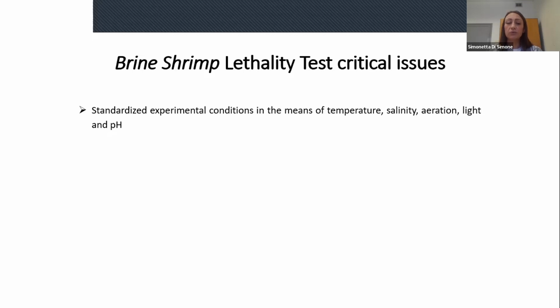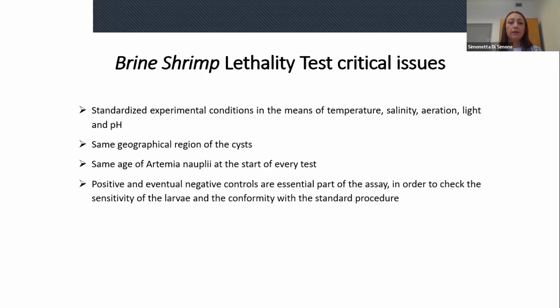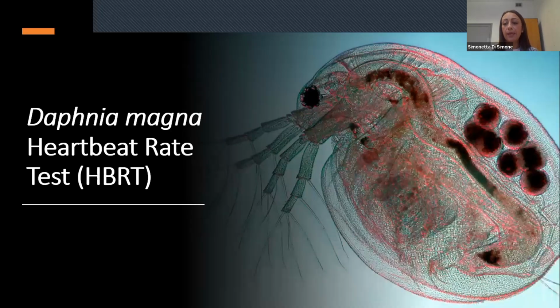The pH value of the extracts is also important, as are the same geographical region of the cysts and the same age of the Artemia nauplii at the start of every test. Positive and eventual negative controls are an essential part of the assay in order to check the sensitivity of the nauplii and the conformity with the standard procedures.